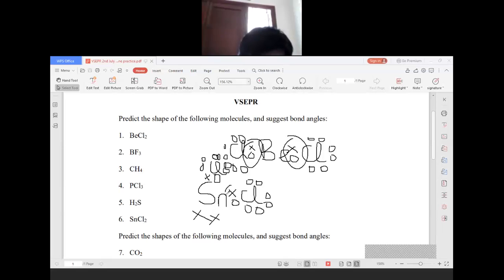What is the bond angle of a molecule that has 2 bond pairs and 1 lone pair? What is the shape?